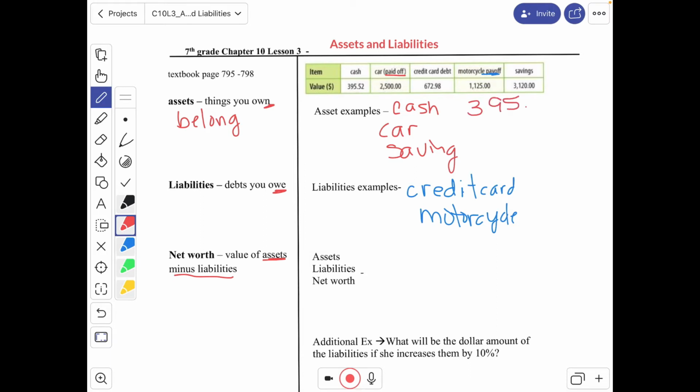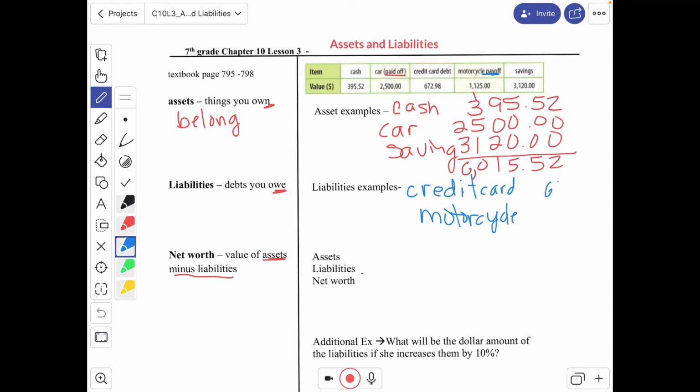So let's add the cash plus the car value plus the savings to get our total assets. $6,015.52.